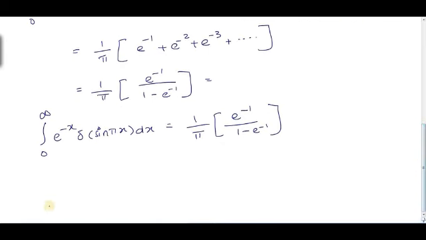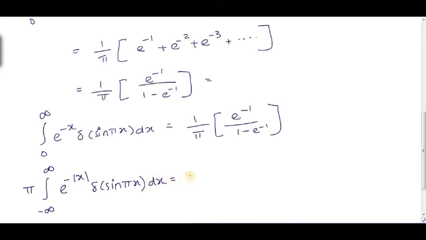So we have come to the conclusion: pi into the integral from minus infinity to infinity of e power minus mod x del of sine pi x dx is equal to the combination of both.